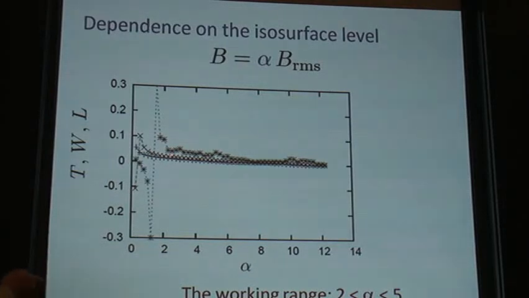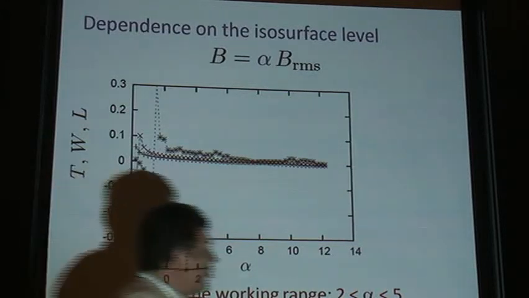At higher values of alpha, everything will become varying very strongly. But there is a range from 2 to 5 where the variation of these parameters is negligible. You cannot see anything unpleasant here, but there will be, if you look closer, as Louis Wilkin did, unpleasant behaviors here. So this is the working range.